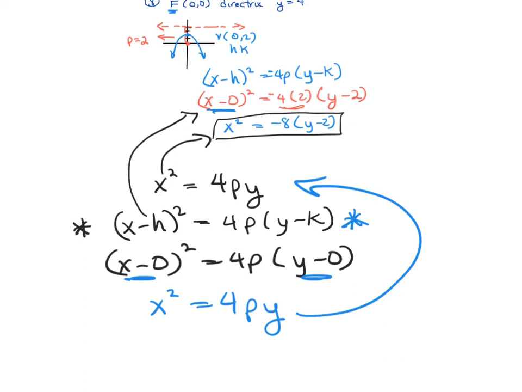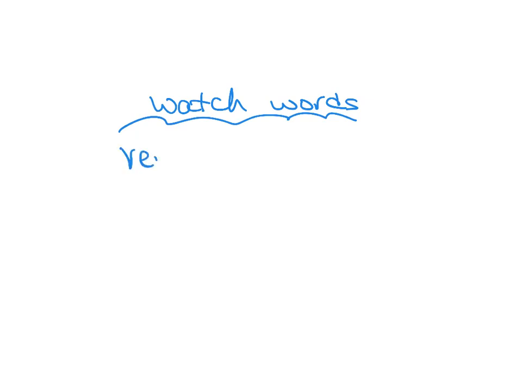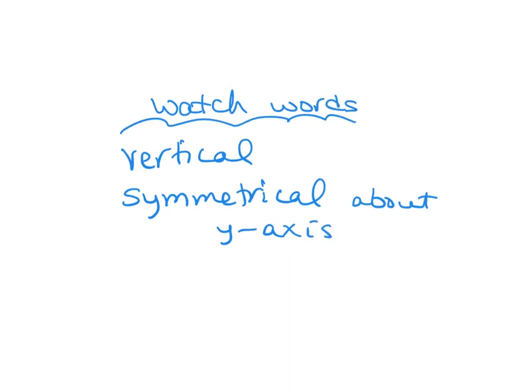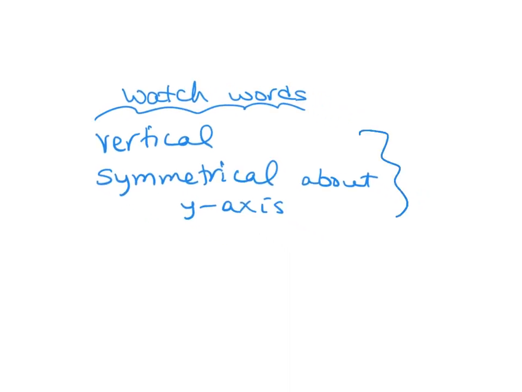Remember that you need to watch the words in your given. So we need to watch some of the words that are there. Again, remember whenever you see the word vertical, or if you see the words symmetrical, I think this is what it says in the homework, symmetrical about the y-axis, both of these mean that your graph is going to be up and down.